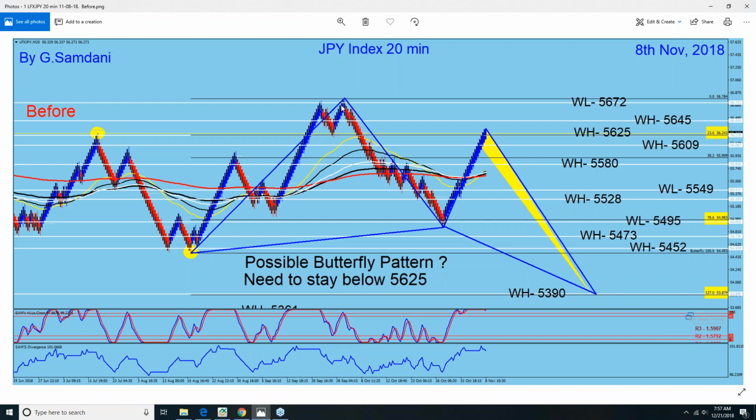The calculation for that is, I forgot to write down, it's X, A, B, C, and we need D here. So this is A, this is B. The point B must be at 78% for a butterfly pattern to be happening.